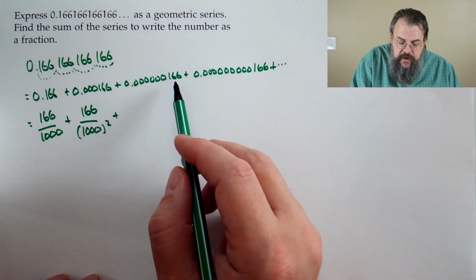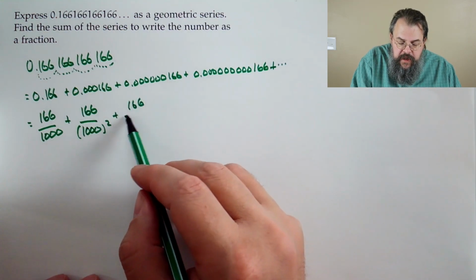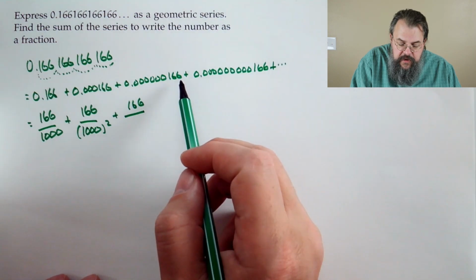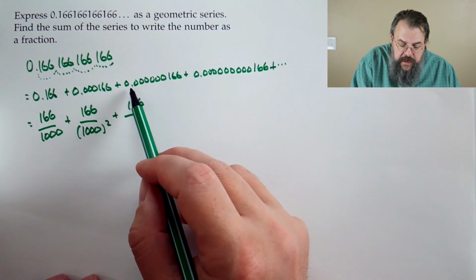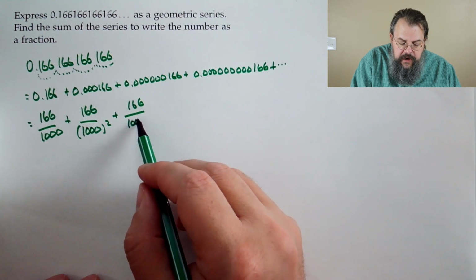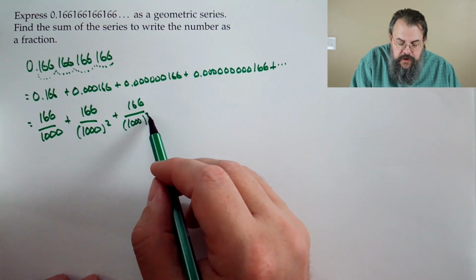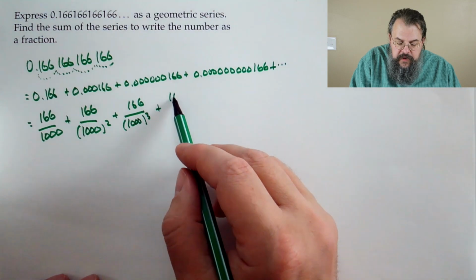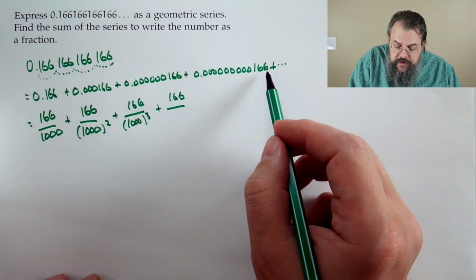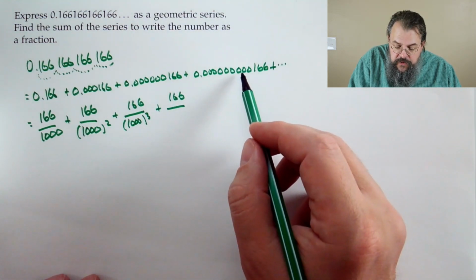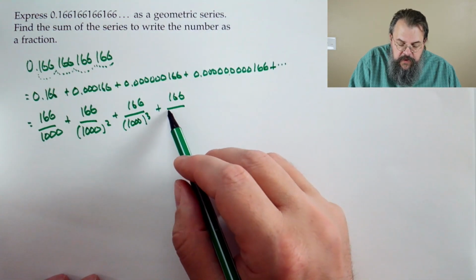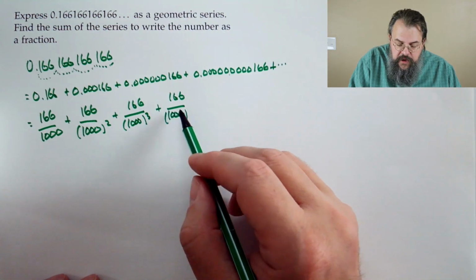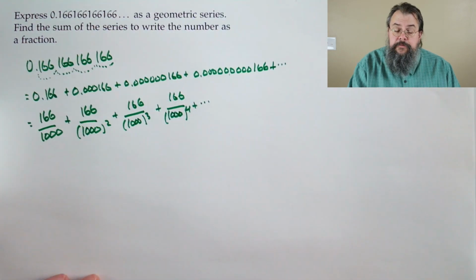And here, it's again 166, but now by how many places? 1, 2, 3, 4, 5, 6, 7, 8, 9. Now that's like 1,000 cubed. And 166, and then how many places? 1 through 12. 1,000 to the fourth, and so on.